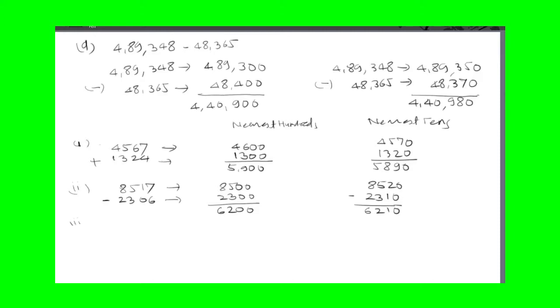Our third example is 5,784 plus 2,319. So 5,784 is rounded to nearest 100 and becomes 5,800, and 2,319 becomes 2,300.